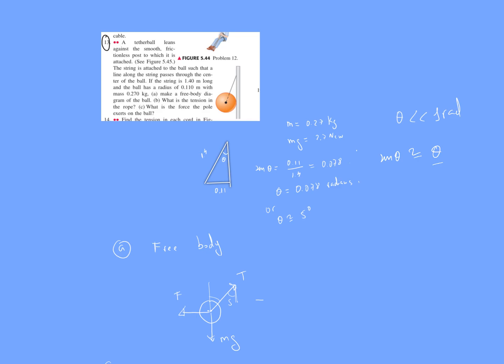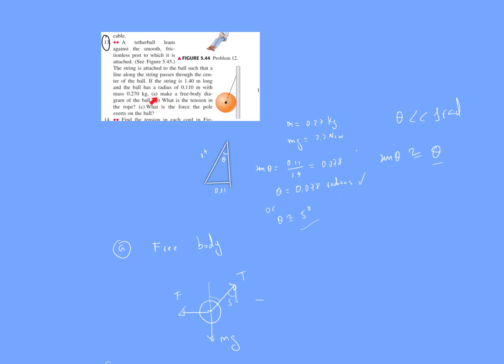So this is 0.078 radians. If you don't believe me, you make a calculation in your calculator and you will find that it is 0.078 radians, or approximately 5 degrees. If you convert these radians to degrees, it will be 5.